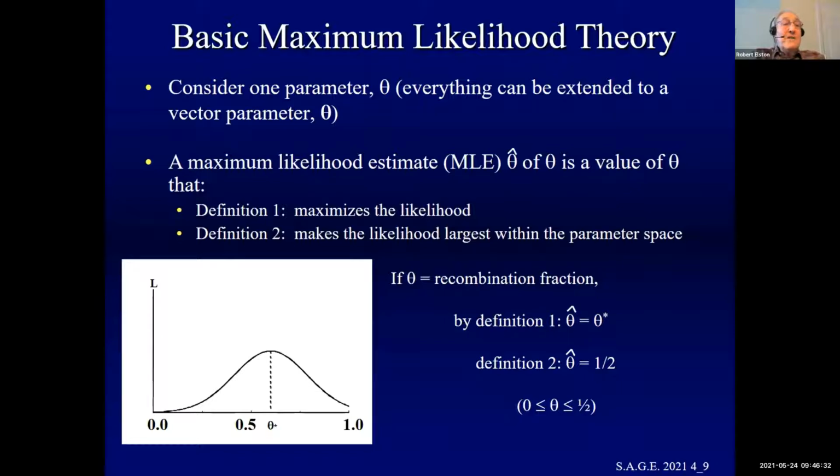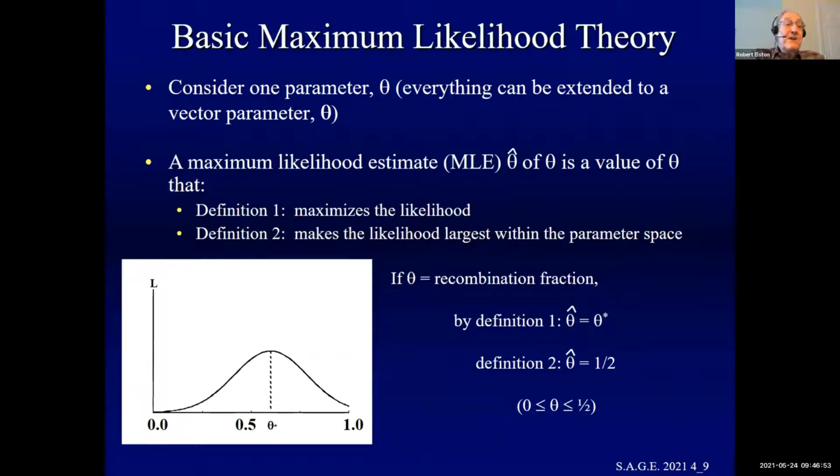By definition one, the estimate of theta is theta star, where the maximum is. But if we say the recombination fraction can't be greater than 0.5, then by definition two, the maximum likelihood estimate is 0.5.